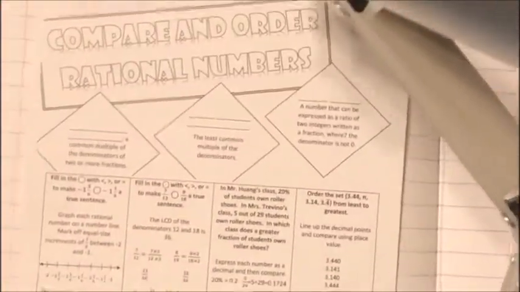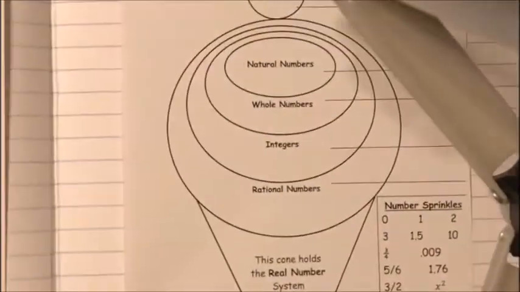Okay, that goes on page 69. So 68 has compare and order rational numbers, and then page 69 has the ice cream cone.